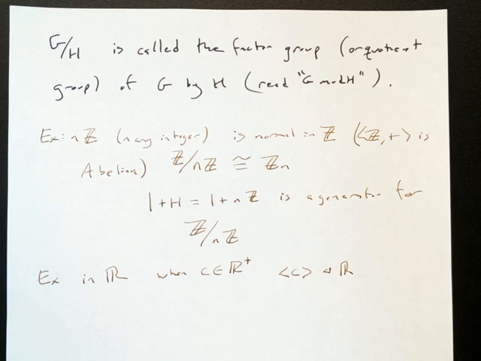So what does this look like? There will be infinite cosets.